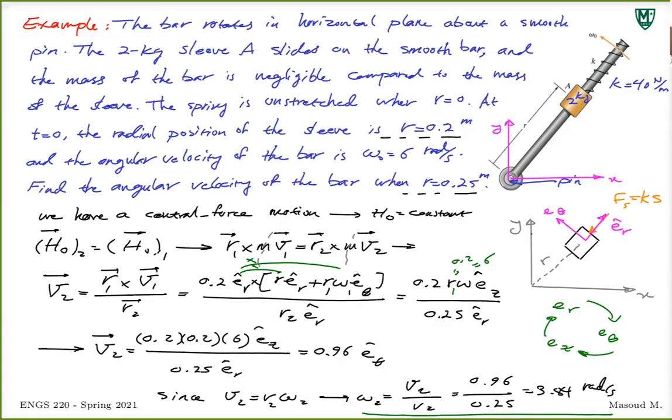So we did use the special case, right? The case in which we have central force motion, so angular momentum is constant during the motion, so it should be equal at any two points. I have another example for that case.